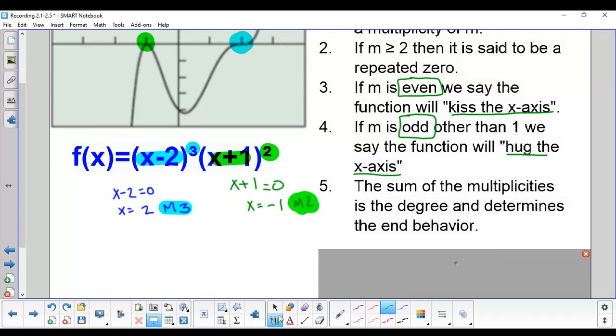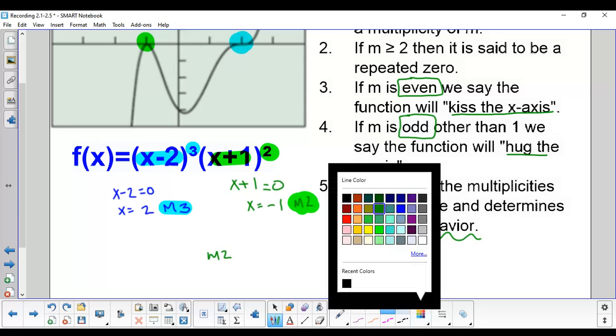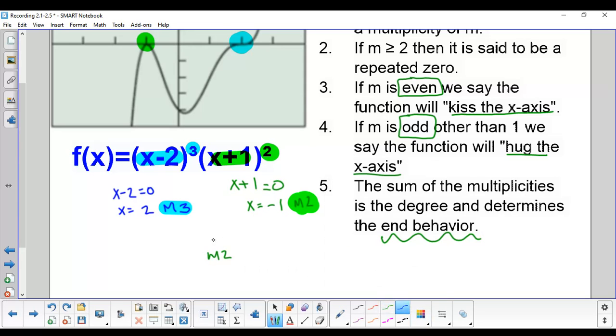If you add up the multiplicities, you will get the degree of the polynomial function, and the degree will help you determine the end behavior. So in this case, I have a multiplicity of 2, and I have a multiplicity of 3. If I add up those multiplicities, I would say that my degree is 5.